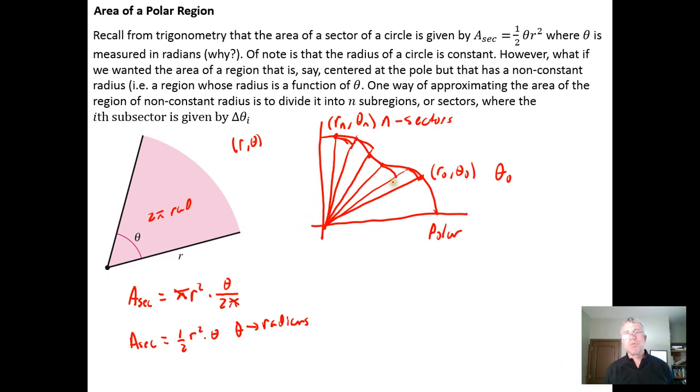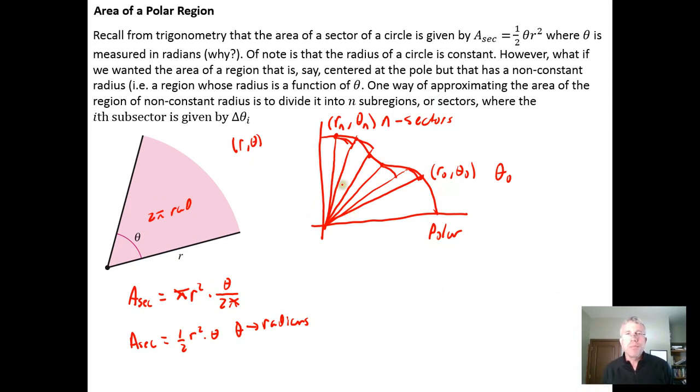In the case where I have 1, 2, 3, 4, 5 sectors, I would actually put r sub 5, theta sub 5. This would be r naught, theta naught, r1, theta 1, r2, theta 2, r3, theta 3, r4, theta 4, r5, theta 5. But in general, we're just going to say n sectors. We're not going to restrict ourselves to 5. So this would be the nth radius, the nth angle.